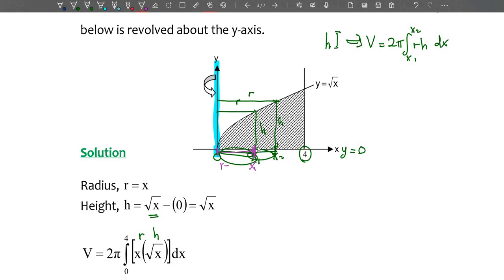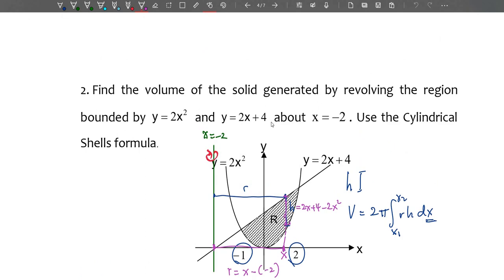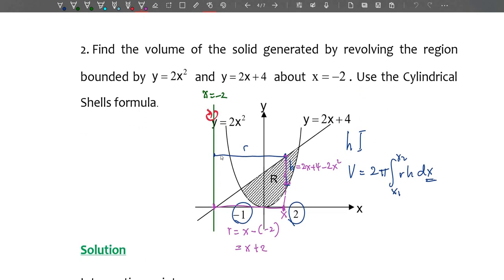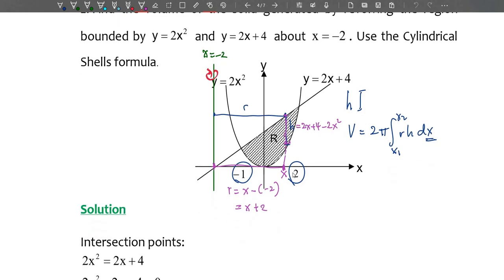So r equals x minus the axis of rotation 0. So r is equal to x. But for the second question, it rotates about the line x equals negative 2. So to find the distance for a horizontal line, it would be right minus left. Here it will be r equals x plus 2, and the height is this.